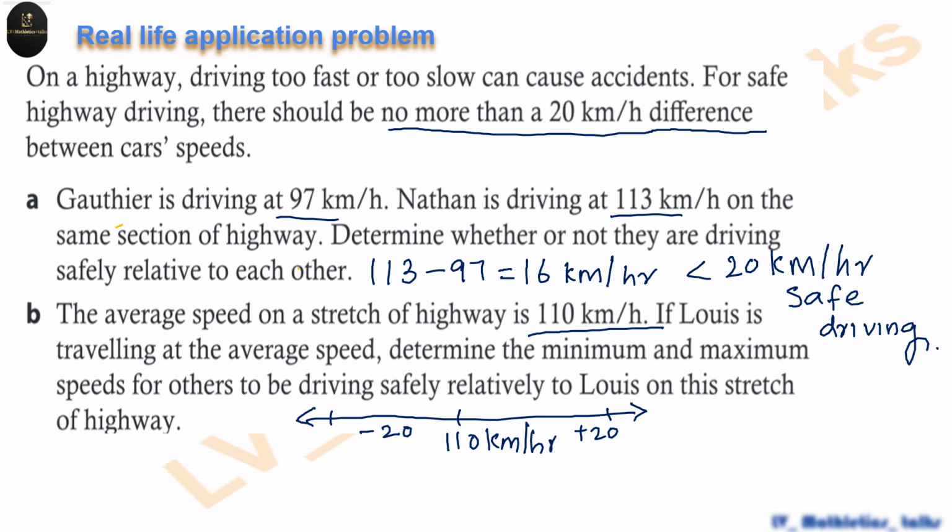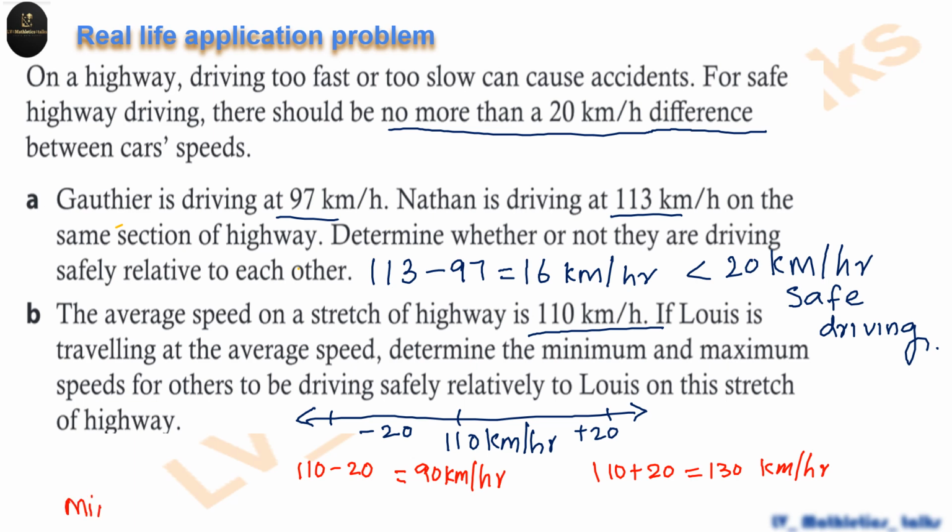So when it is minus 20, you get 110 minus 20. What is 110 minus 20? So this is 90. And 110 plus 20 is 130. So if a person is traveling between 90 km per hour and 130 km per hour, then we can say it is safe travel.